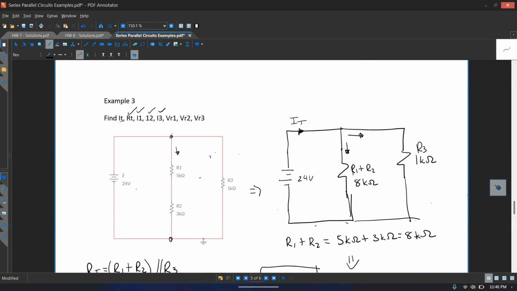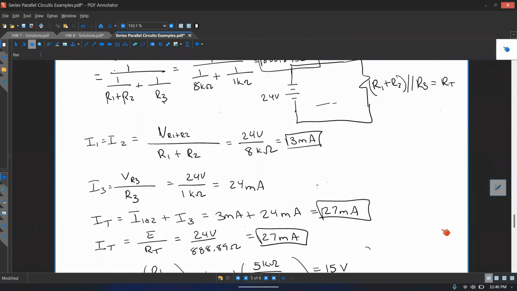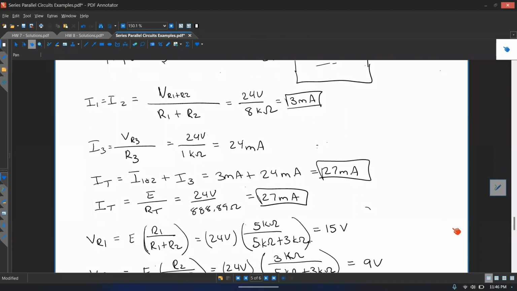So VR3 is going to equal 24 volts. So that's it for example 3. And I'll see you on the next one.